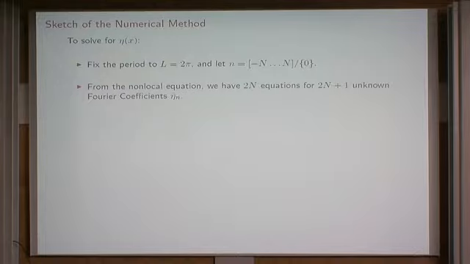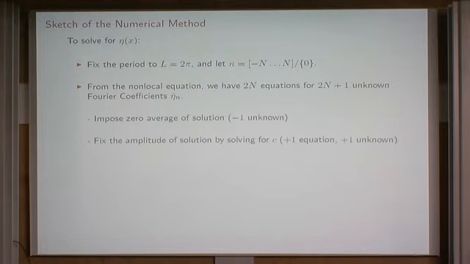And we can think of those as the Fourier coefficients of eta hat. But since eta hat is going to have 0 average, we'll go down in the number of unknowns. So now if I think about the count, I've got 2N equations for 2N unknowns. But I also want to, of course, look at the bifurcation structure, which means I need to fix the amplitude of solutions, and I'm going to vary that. I'll use amplitude as my continuation parameter.